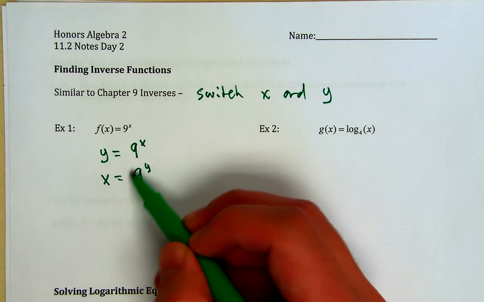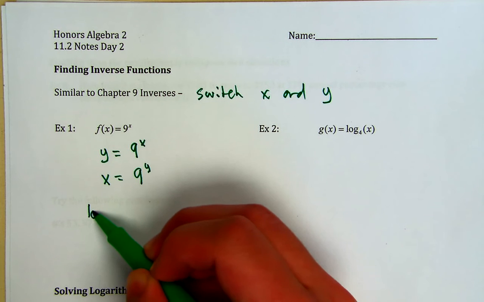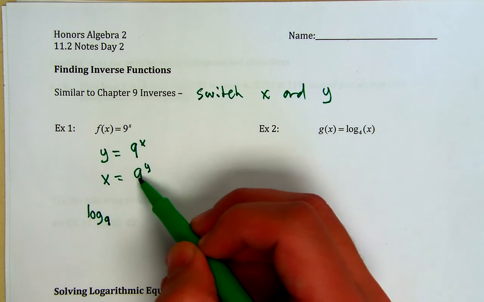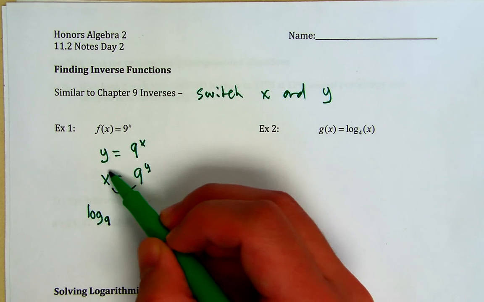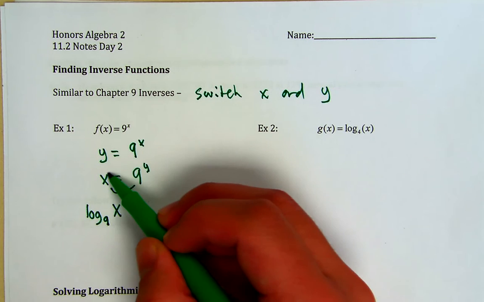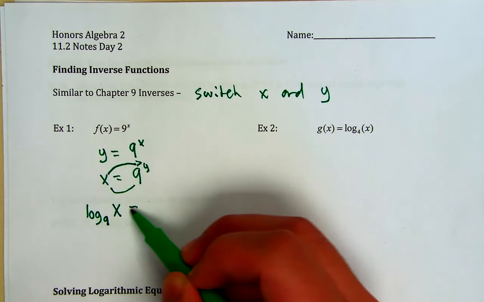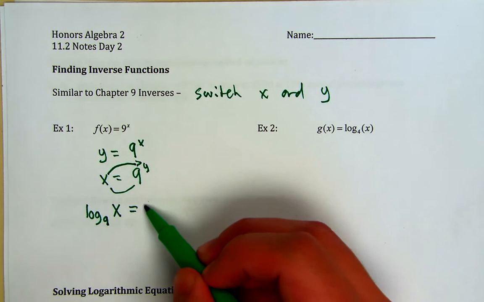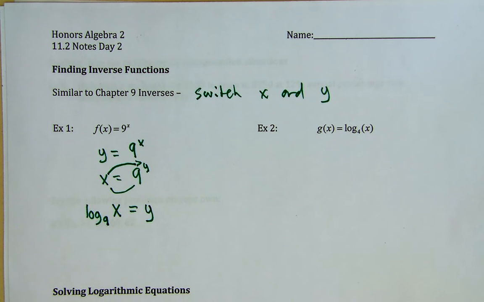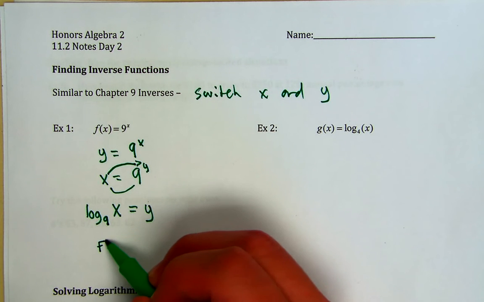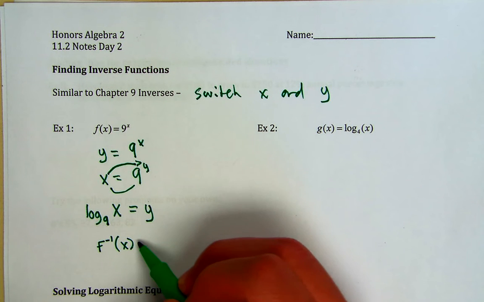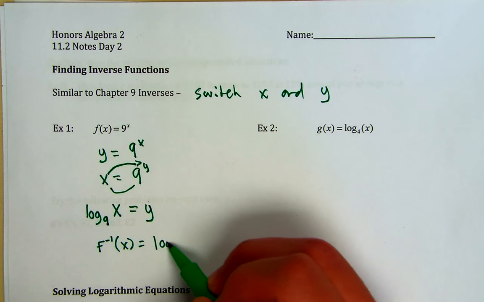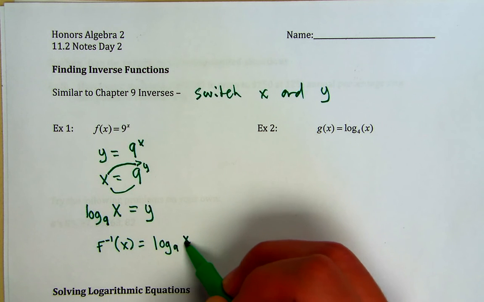So take the base 9, so log base 9 of the answer, x, equals the exponent, because a logarithm is an exponent. And finally, we just need to switch y equals out. So we need to go back to f inverse of x equals log base 9 of x.